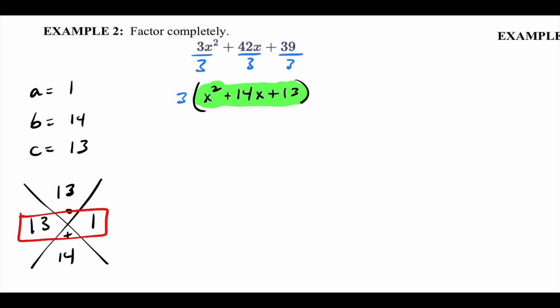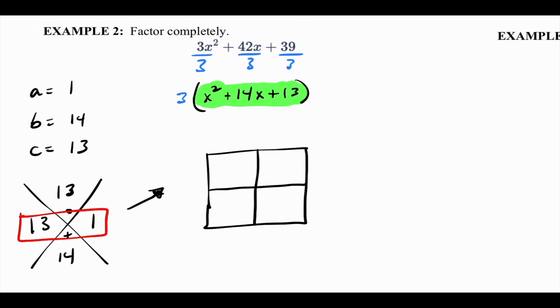So we go to the box. We got x squared, positive 13x, 1x. X times itself.